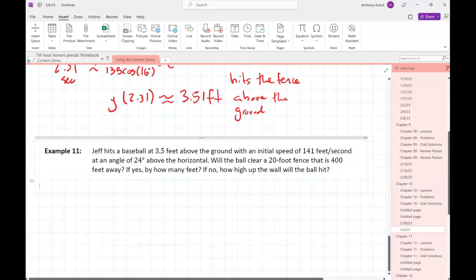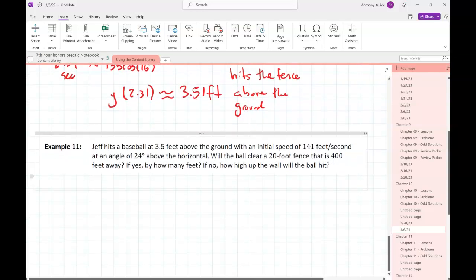Okay. Similar setup. Jeff hits a baseball at 3.5 feet above the ground with initial speed of 141 feet per second at an angle of 24 degrees above the horizontal. Will the ball clear a 20-foot fence that is 400 feet away? If yes, by how many feet? If no, how high up the wall will the ball hit?